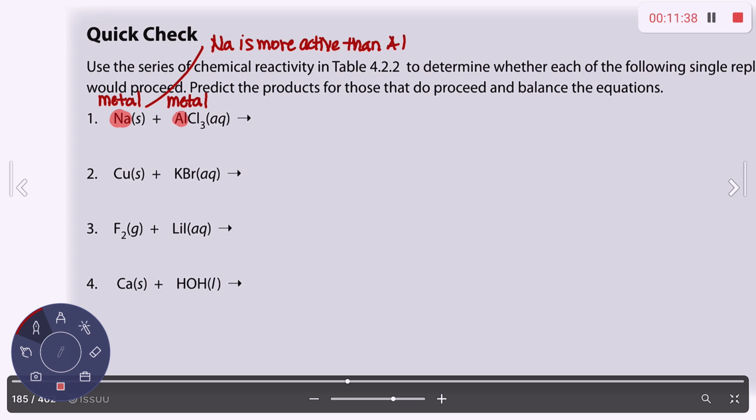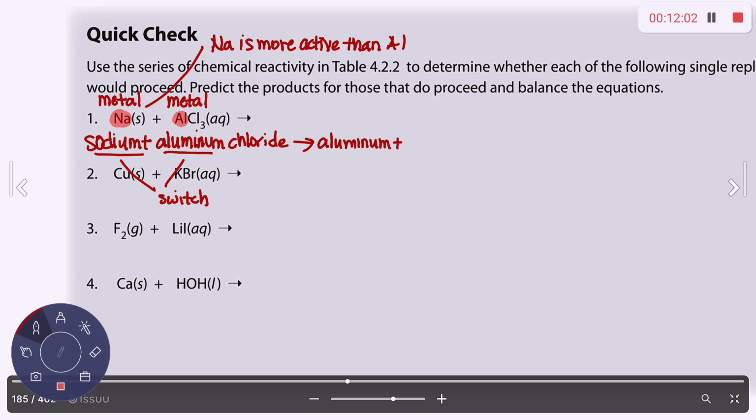Before I even write chemical formulas for the products, I'm writing this out in words. Sodium plus aluminum chloride. And then the sodium and the aluminum will switch places. And then I'll produce aluminum and sodium chloride.